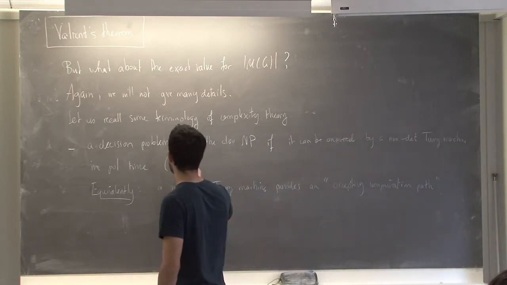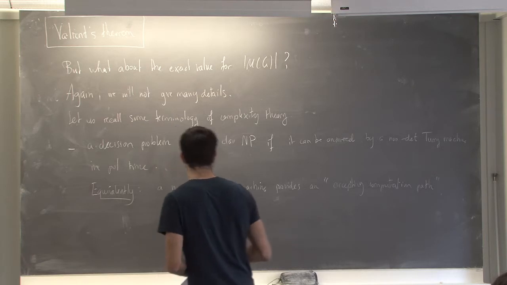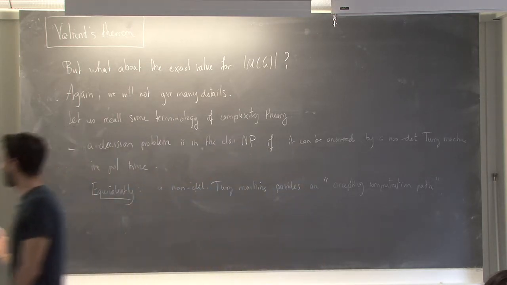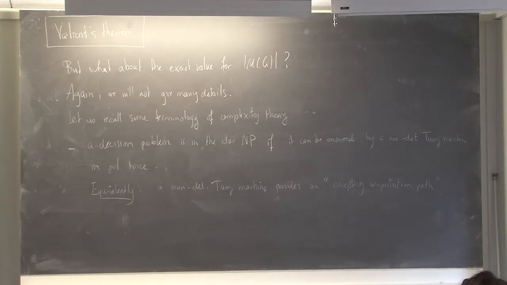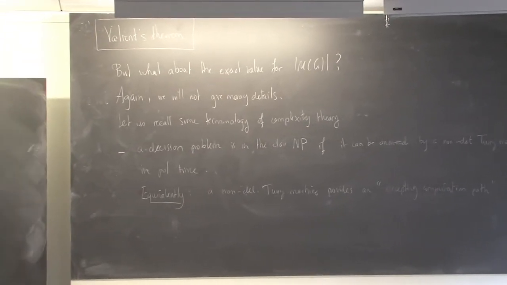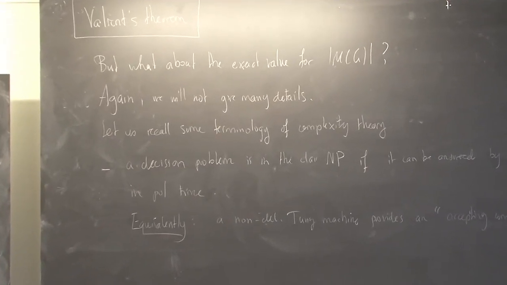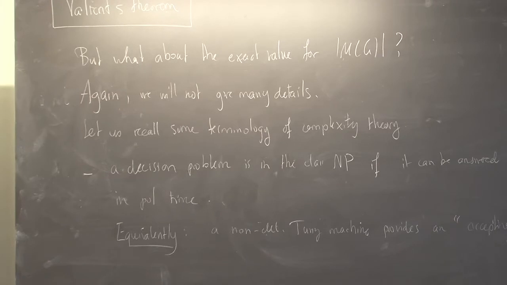Okay, meaning, well, okay. Right, and so now here's the new terminology that we'll need here. It's actually a terminology that was introduced by Valiant when he proved the theorem I'm going to tell you about.